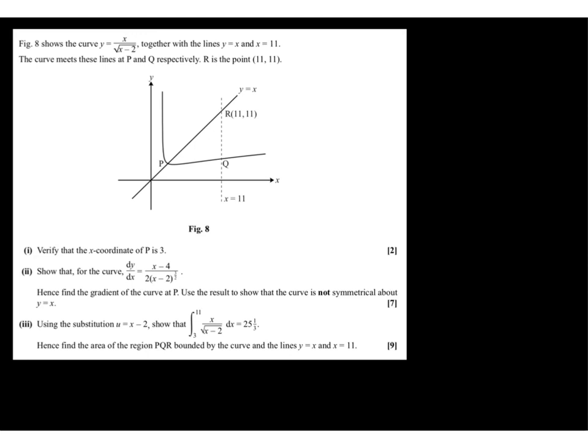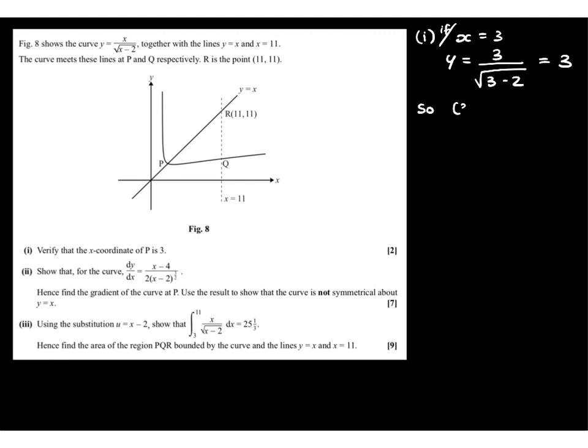Now, part 1, verify, which is a way of saying show that the x-coordinate of P is 3. So P is on the line y equals x and on the curve y equals x over the square root of x minus 2. So if x is equal to 3, let's see what happens if we substitute that into the equation of the curve. We get 3.